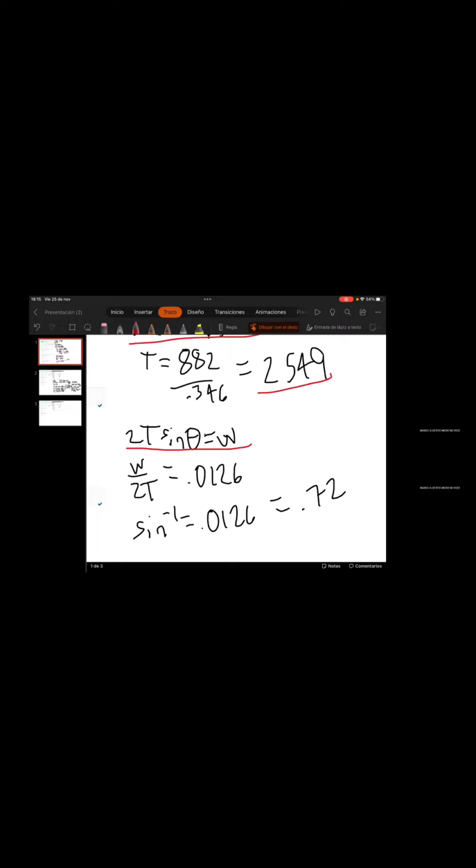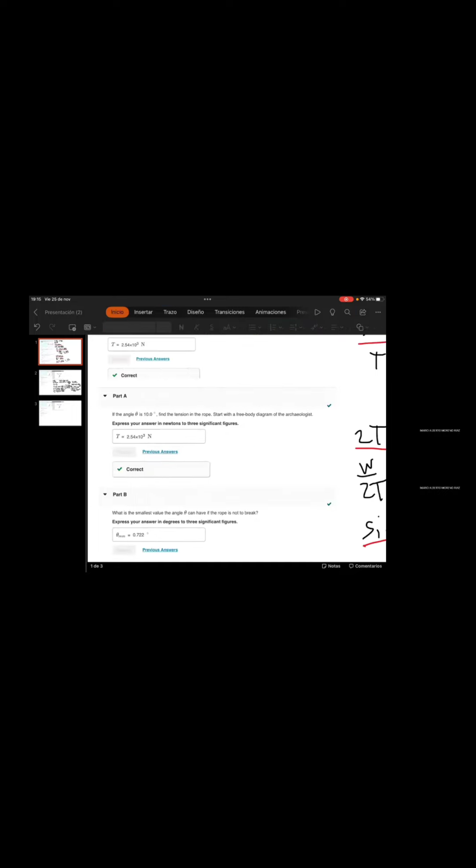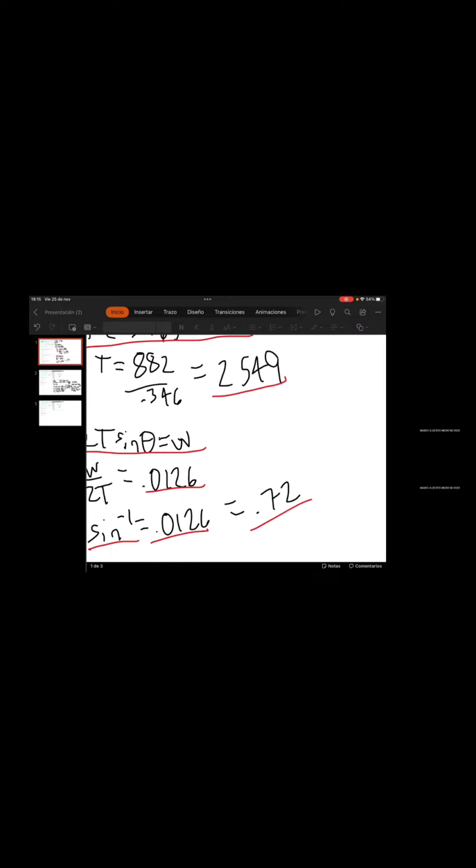We are going to divide W over 2 times the tension that we have right there, and this division will give us as our result 0.0126, and as we are searching for angles, we have to use inverse sine of what we have here, and it will give us that the smallest value that the angle can have is 0.72.